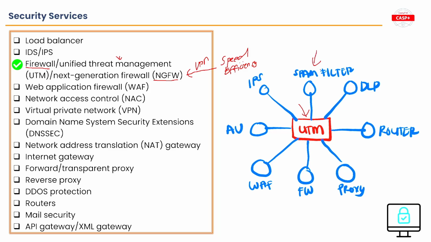You have spam filter, DLP, it can be a router, a proxy, a firewall, WAF, antivirus, and IPS. So UTM is a very solid solution for small businesses with limited resources, but it does not provide the defense in depth necessary for larger clients. So this one is for smaller businesses.